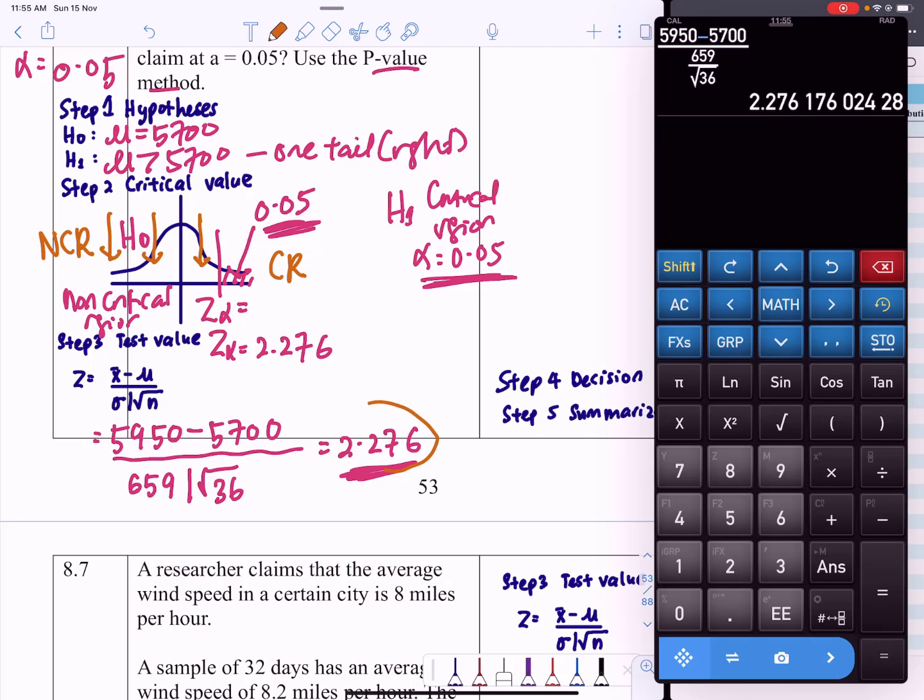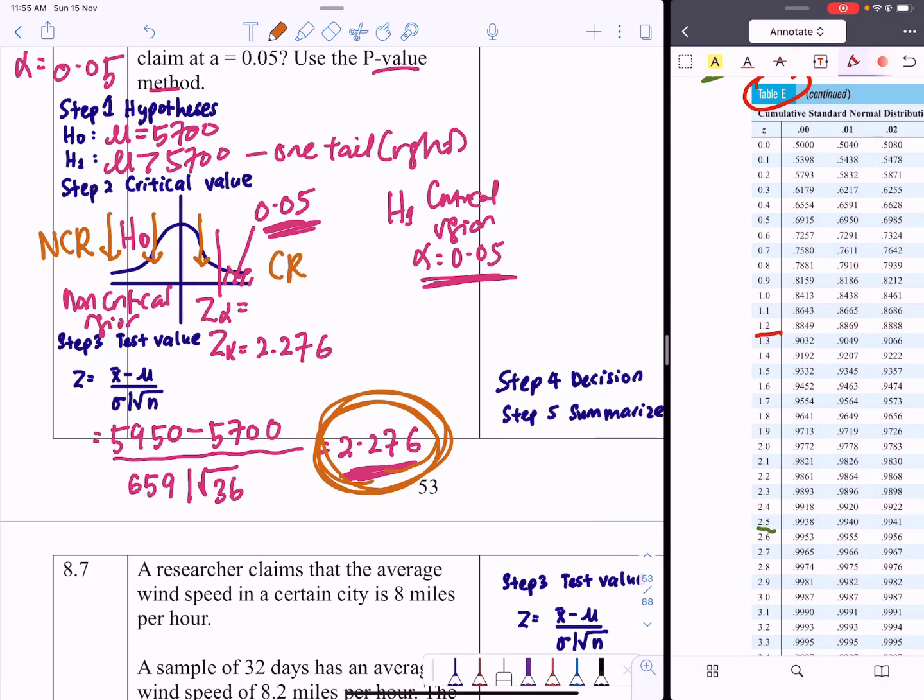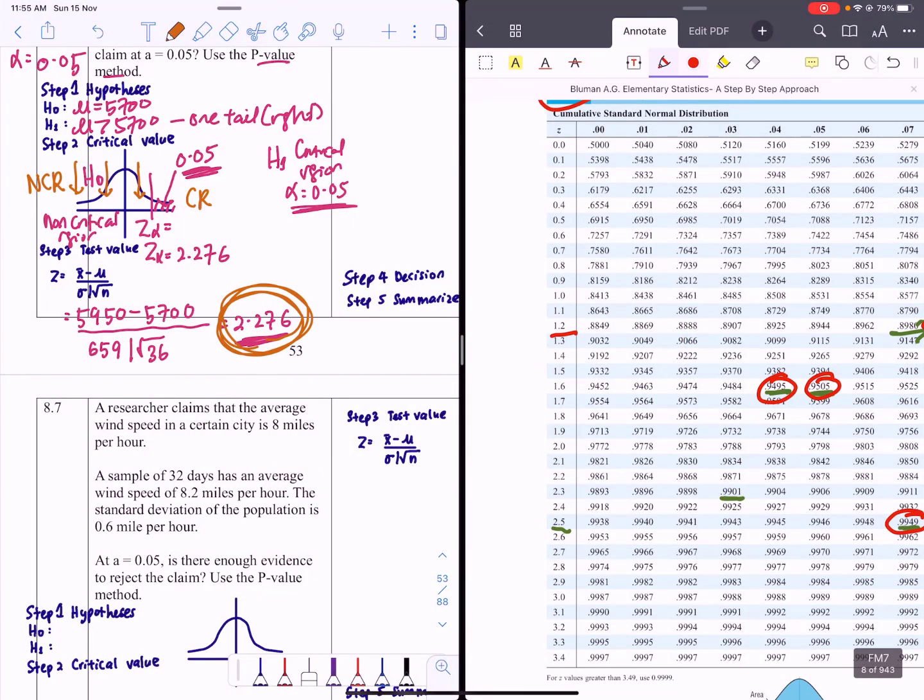So we need to find the area, because this is a z score. For 2.27, the table gives 0.9884, because it gives this region.